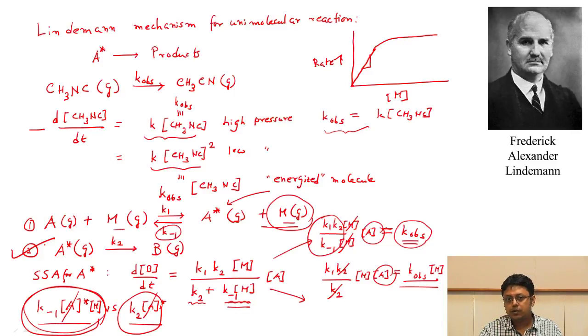First advancement was done by American physicist Cyril Hinshelwood, and then subsequently a model came where a lot of people contributed. The model is known as the RRKM model, but that we will not discuss during this discussion on the reaction dynamics.